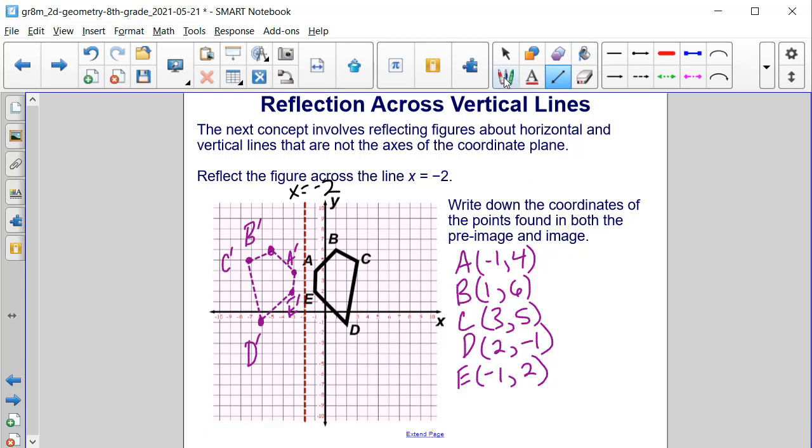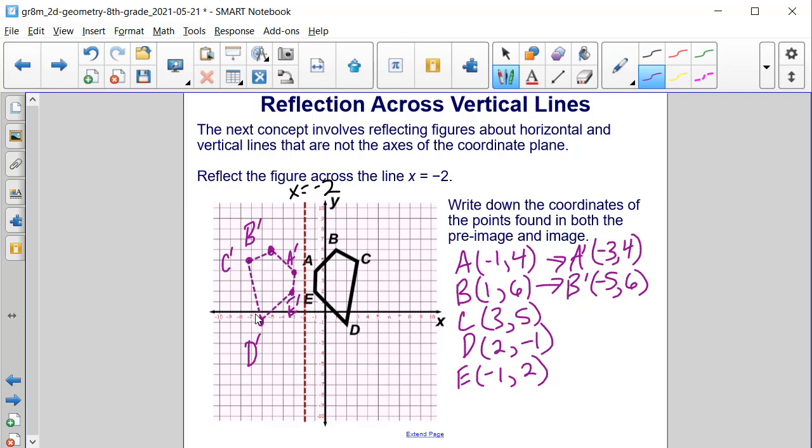And now let's also write down the coordinates of our image points. So A prime is at -3, 4. Point B prime is at -5, 6.